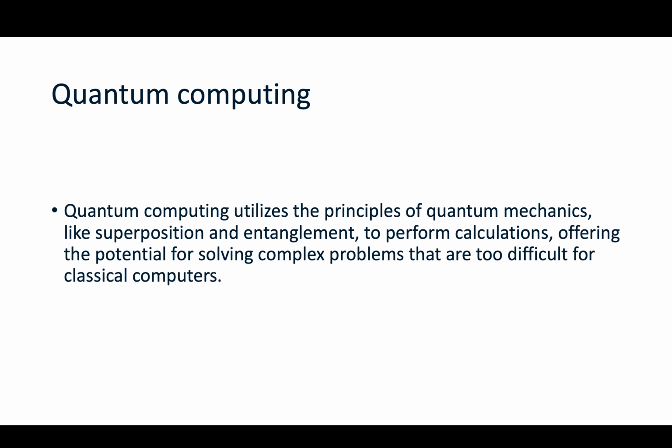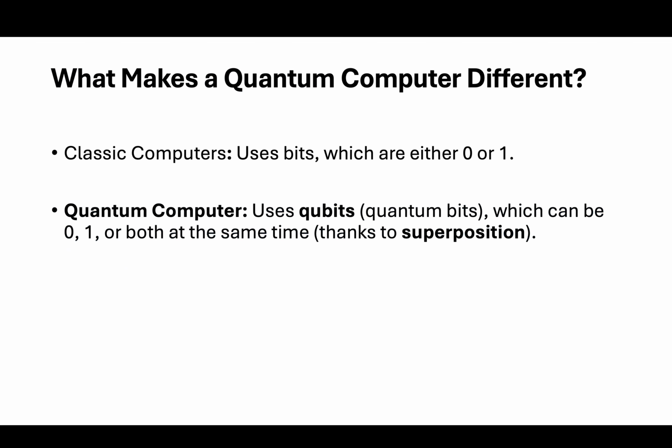Things like superposition and entanglement, to perform calculations, offering potential for solving complex problems that are too difficult for classical computers. As part of this, what makes quantum computers different, right?